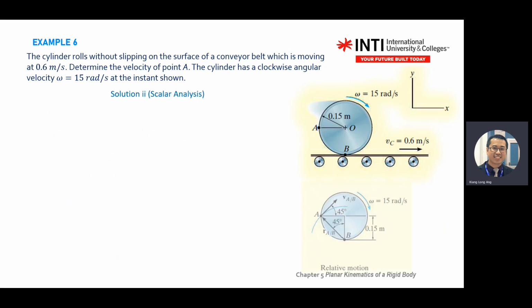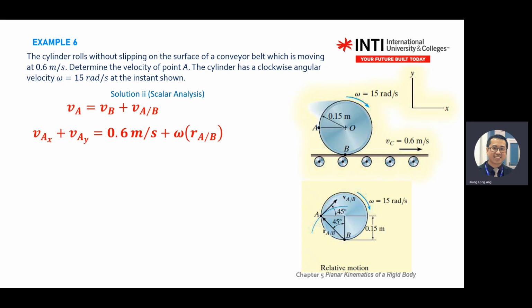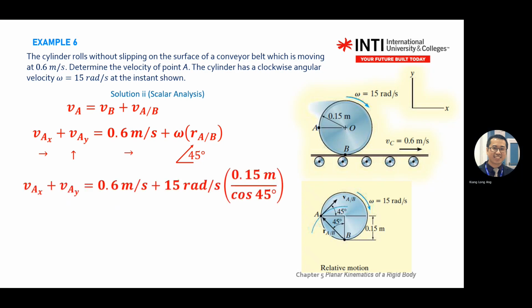The second method is the scalar analysis. What you do is copy everything from your free body diagram. VA plus VB, VB given, VA equal to omega R. Then you put in the angle you have, VA here in X and Y, so you have go up and go down.